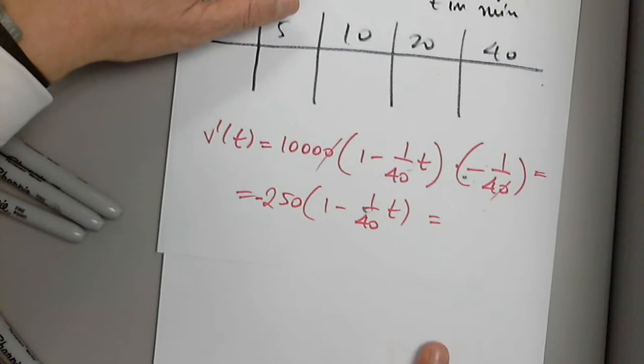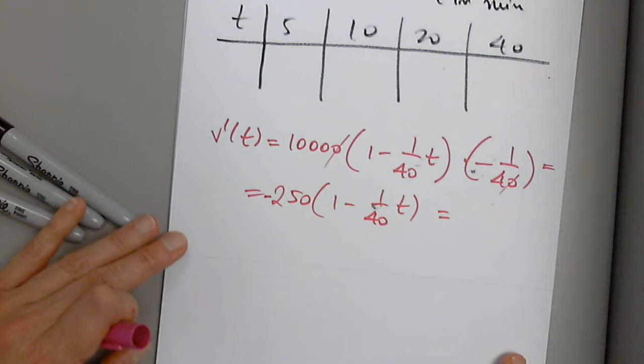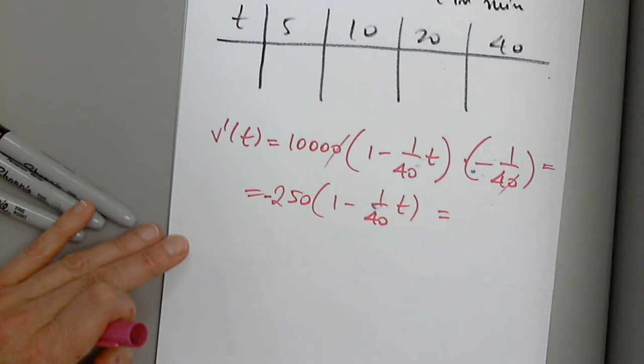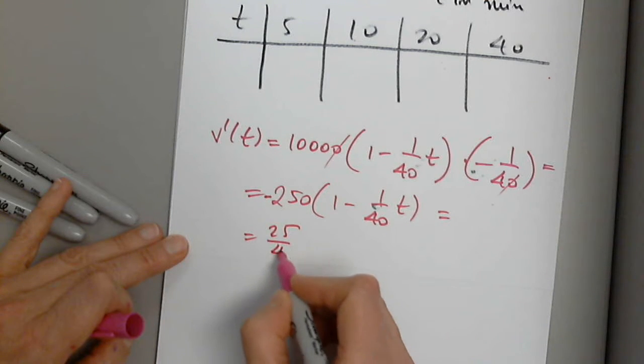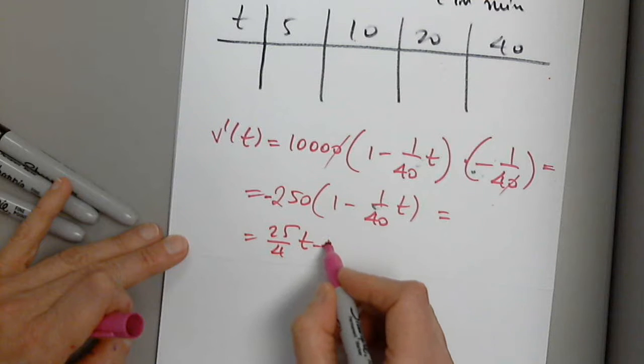You can distribute it. I recommend that, or not. It doesn't matter. We just have to determine these numbers. I will put this function in and just plug in the numbers. So if we do simplify, then I have 25 over 4t and minus 250.